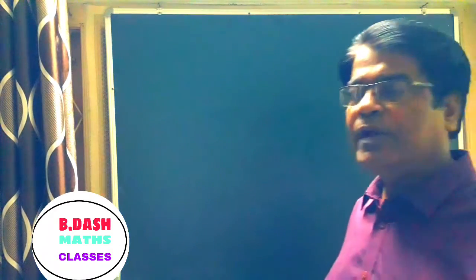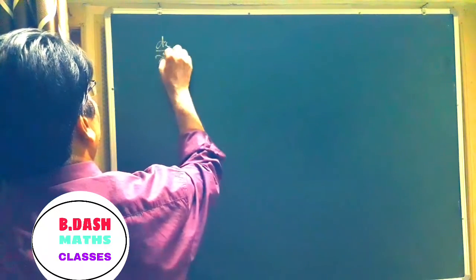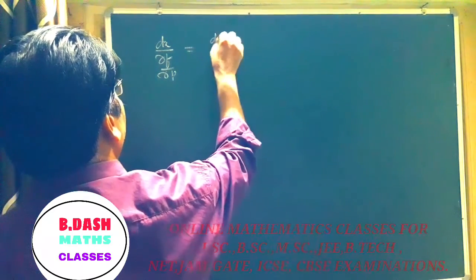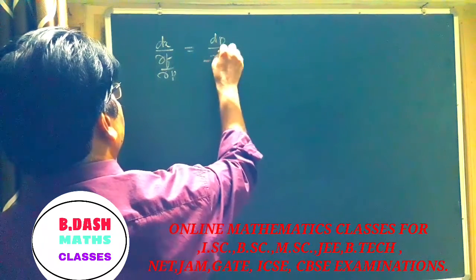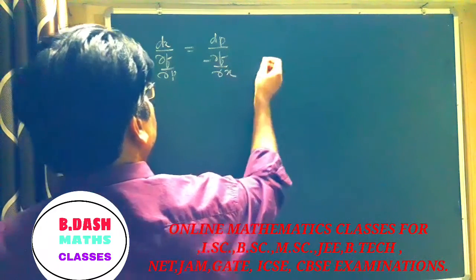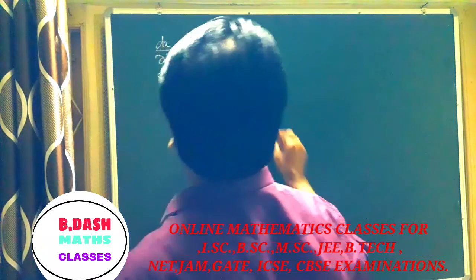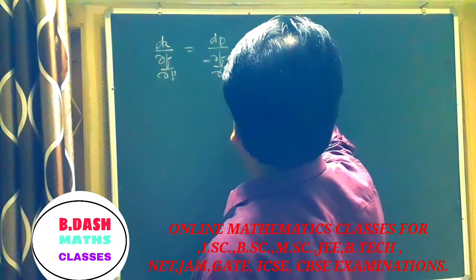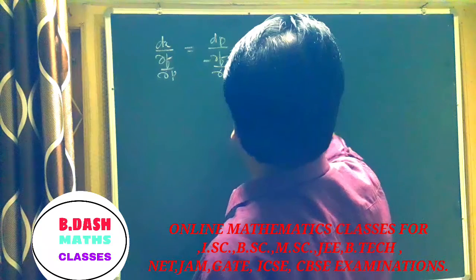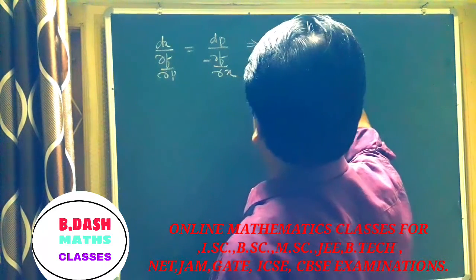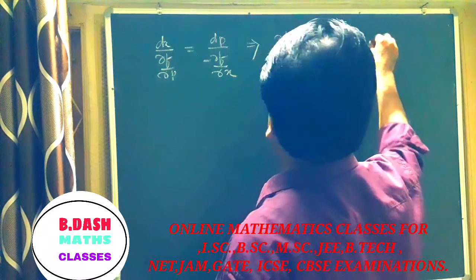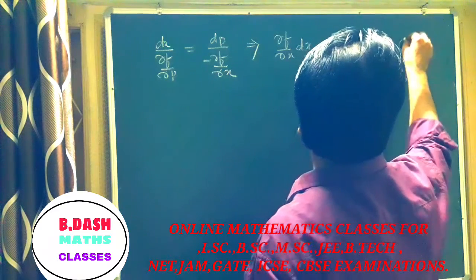From equation 2 we get dx by del f by del p is equal to dp by minus del f by del x, and this implies del f by del x dx plus del f by del p dp is equal to 0.